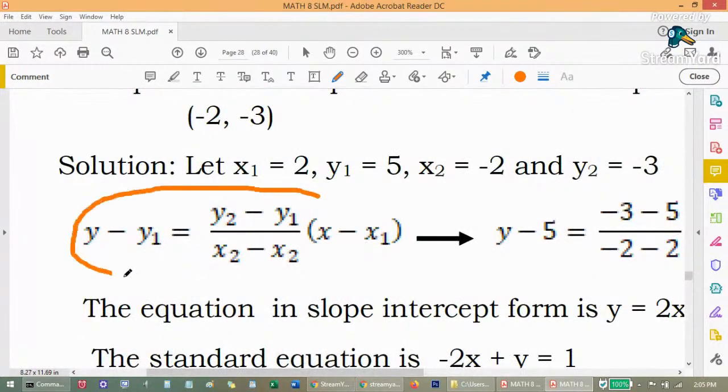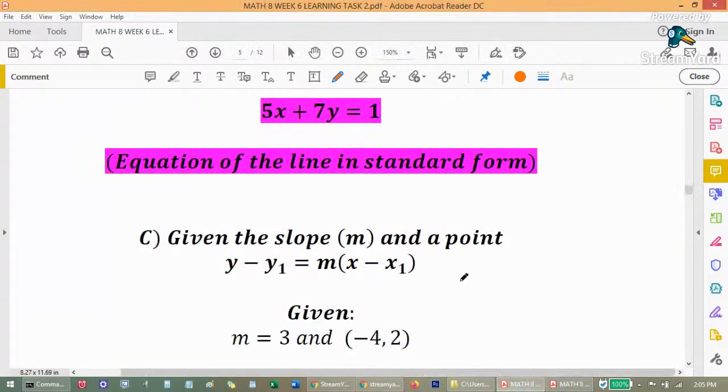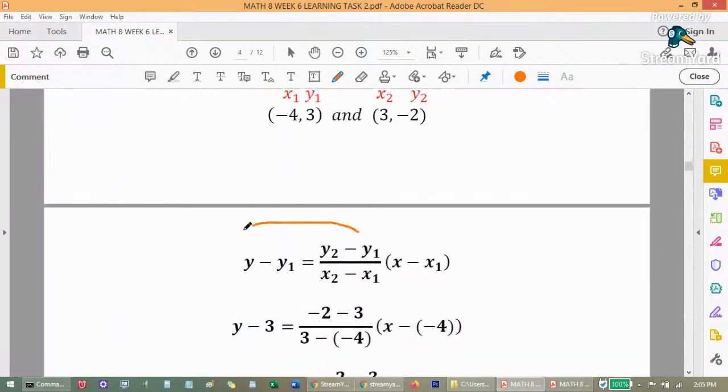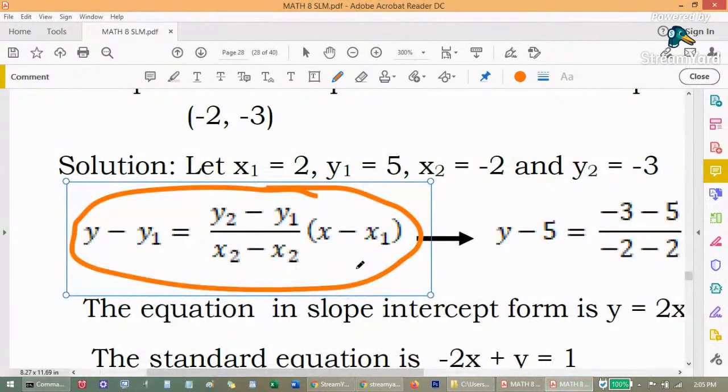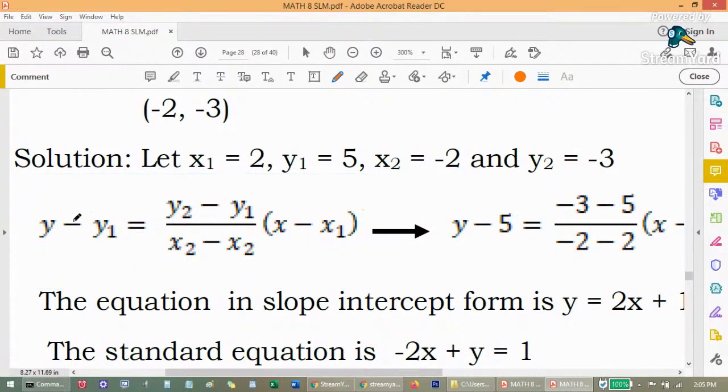So, gagamitin din natin yung formula, kagaya ng ginawa natin dito. Yung ginamit natin dito ang formula, no? So, kukopy lang natin y minus. So, itong y1 na to, papalitan natin ng 5.